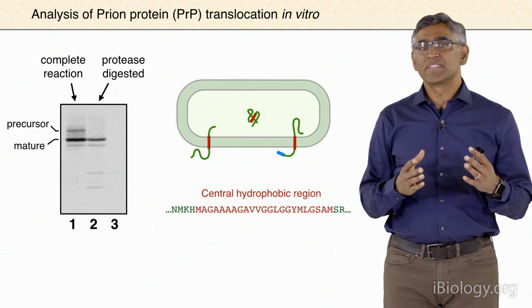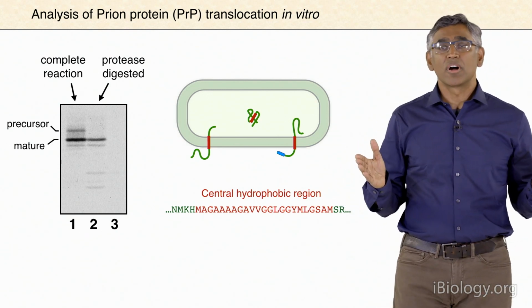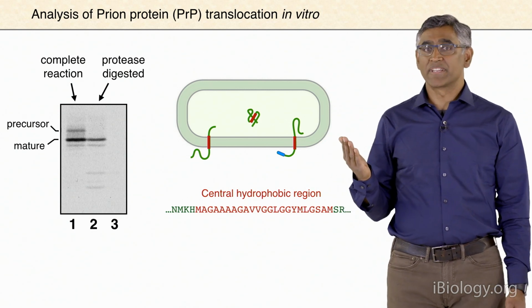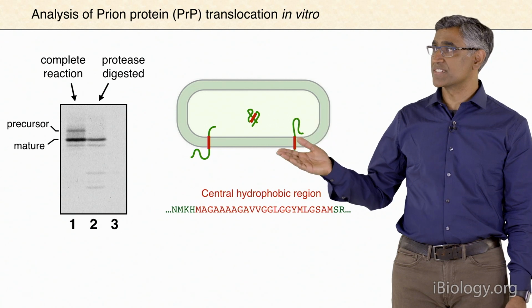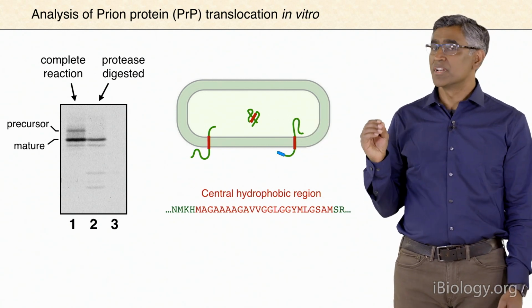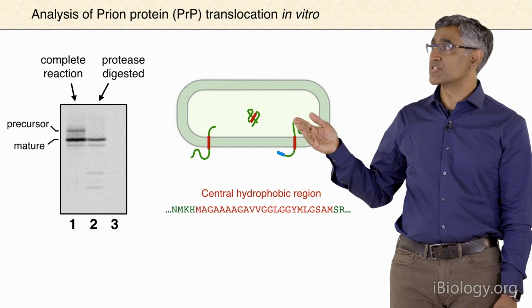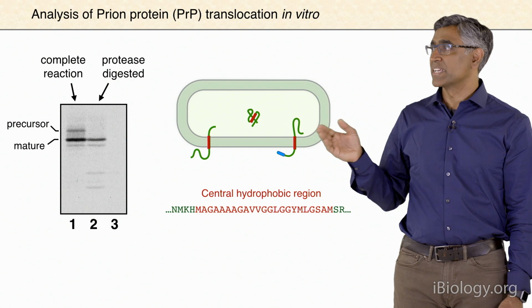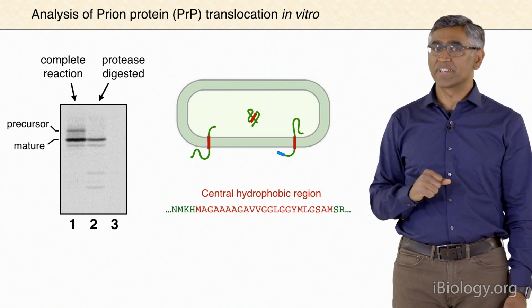And it turns out that this sequence looks almost like a transmembrane segment. And so what seemed to be happening is that when you make it in this in vitro system, the components in that system seem to fail to recognize that this protein should be translocated across the membrane, and a small amount of it gets inserted into the bilayer.